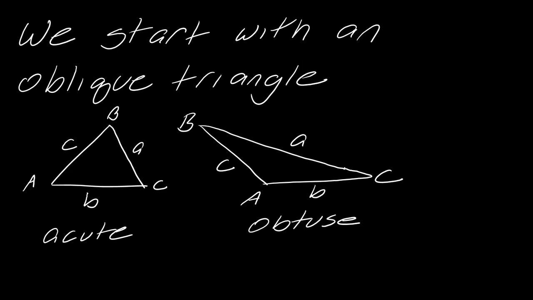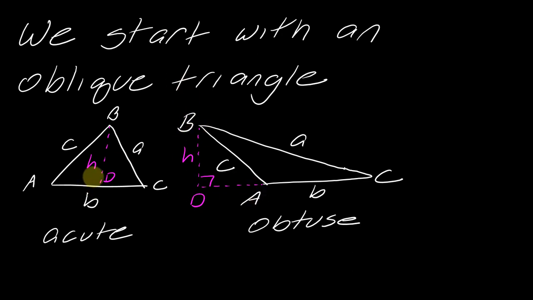So we're going to start with an oblique triangle, and it could be either acute or obtuse, whatever. And the thing about either one of these is, to figure out the height of the triangle, we can use these little pink sketches that you see here as an aid. But by creating these little side sketches, I want you to notice what happens.